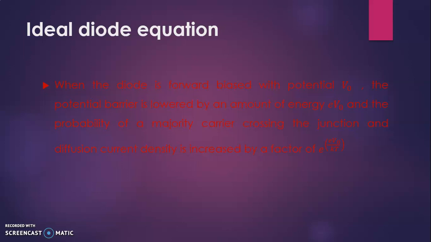In short, when we connect a diode in forward bias, the diffuse current density increases, and the factor by which it is increased is e raised to eV naught upon kT, where V naught is the potential difference applied in forward bias.